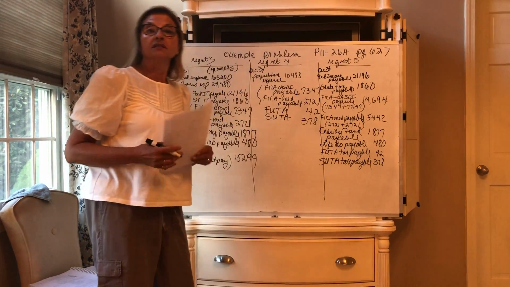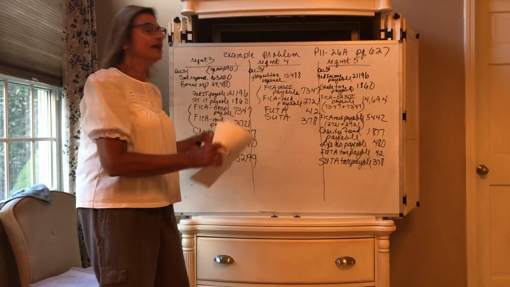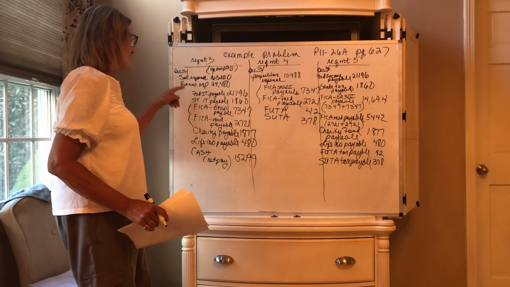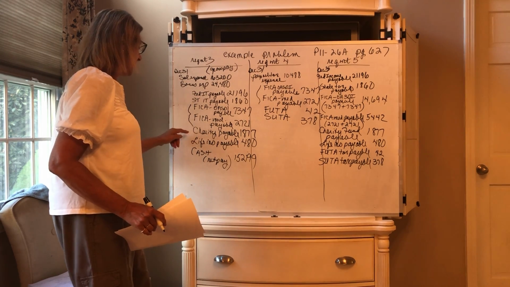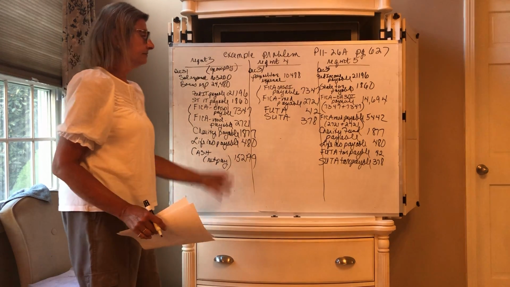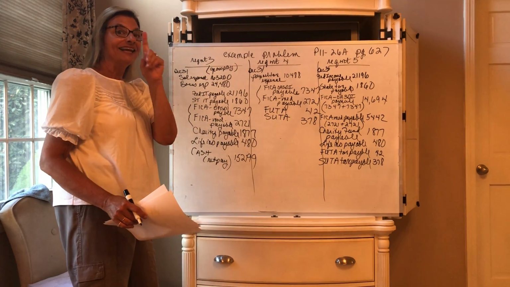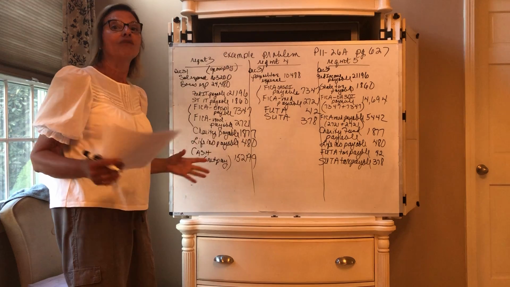Finally, I have them all debited. Every payable. So we got 2, 4, right? 5, 6, 7, 8, 9, 10. All debited. 10 debits and 1 credit to cash for a total of all of them.